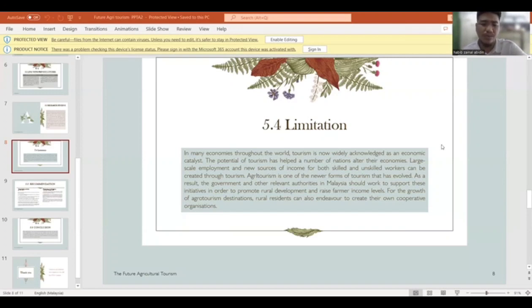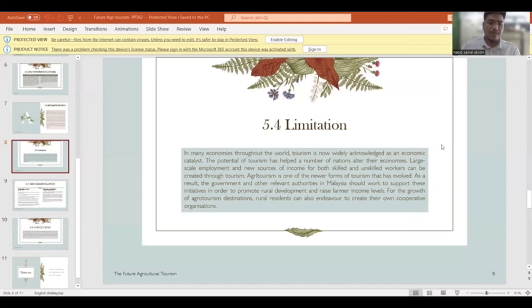For the growth of agrotourism destinations, rural residents can also endeavor to create their own cooperative agritourism. So in Malaysia, tourism is widely acknowledged as a tool for growth since it has altered the economy by increasing tourist potential.